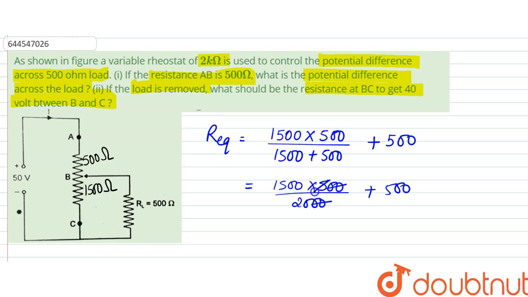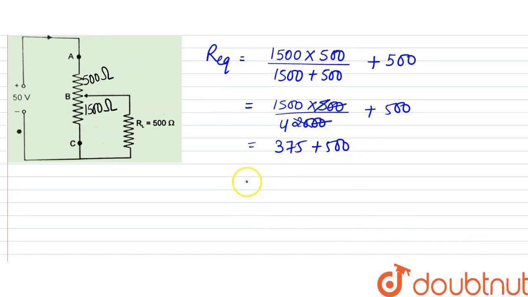So this and this cancel, that is 4. So 15 into 25 would be 375, plus 500, right? So that turns out to be equal to 875 ohms. That is the equivalent resistance here.